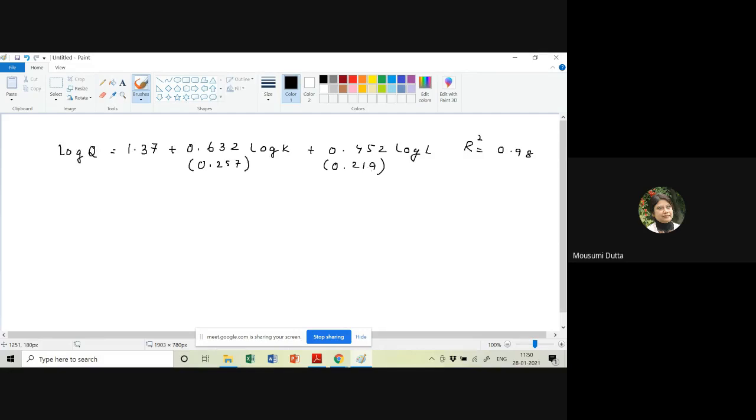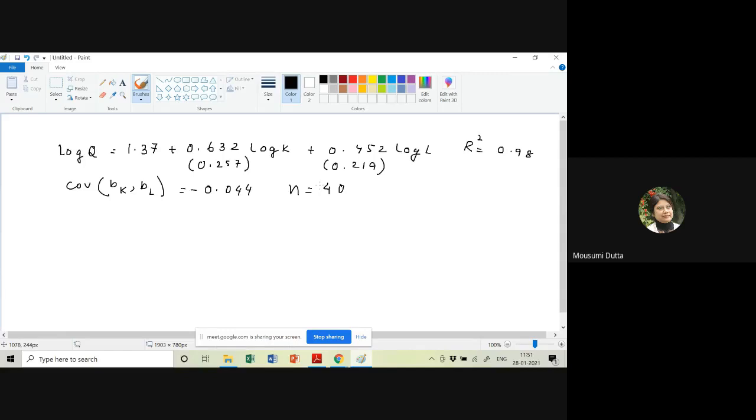So this is the structure of the data, and it is also mentioned that covariance of BK and BL, the estimated values of beta L and beta K, is minus 0.044 and sample size is 40.